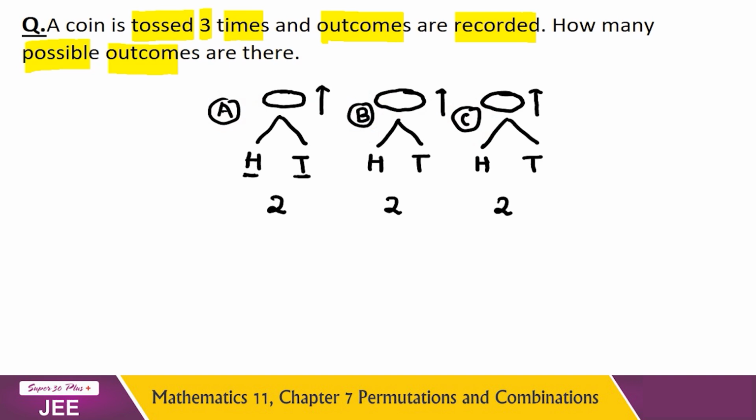So for simultaneous occurrence we have to use here multiplication rule. So the net answer comes out to be 2 multiplied by 2 multiplied by 2, which is equal to 2 raised to the power 3, and this is 8. So total we are going to get 8 outcomes when a coin is tossed 3 times.